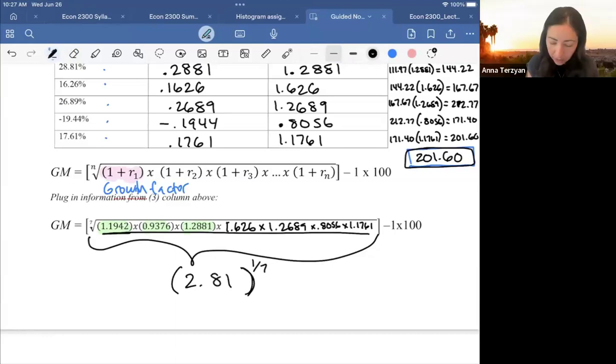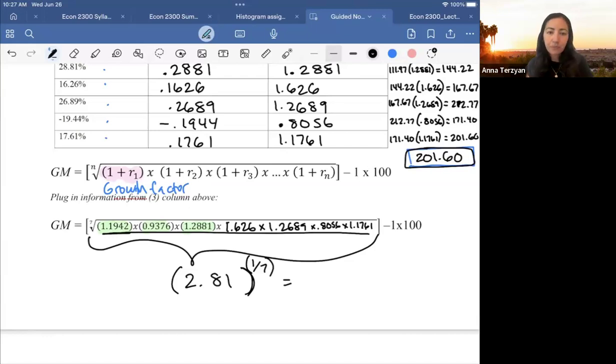It depends on what calculator you're using, the operation you would do for this. But if you have your phone, what you would do is type in that 2.81, and then you would do the X to the Y, and then parentheses 1/7.